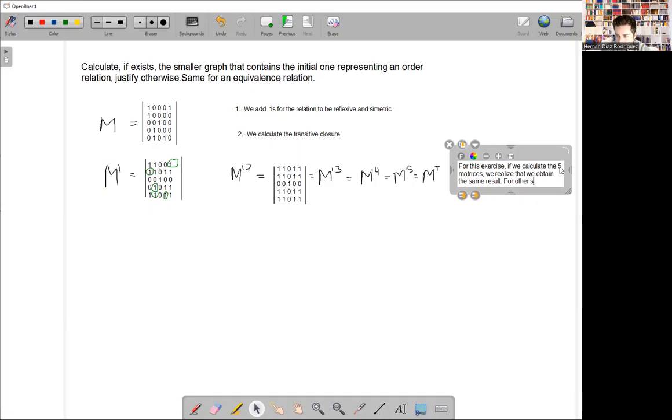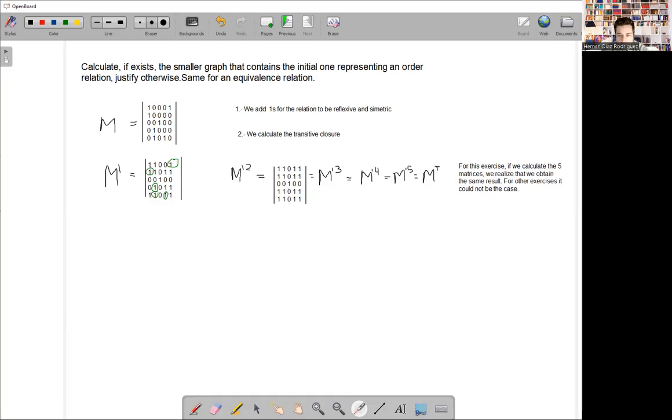For other exercises, it could not be the case. Right, you could need to calculate all the matrices because you are getting different results.